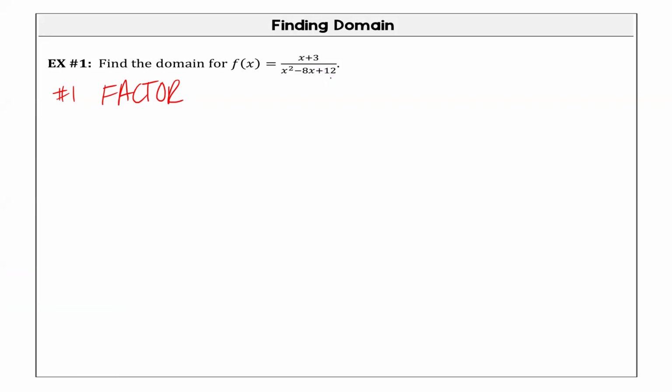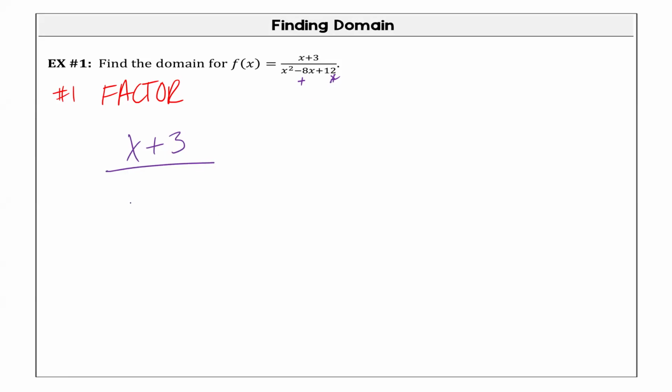After that, we're asking ourselves what multiplies to give us 12, but adds to give us the middle term. Remember that? Mental factoring. Reverse FOIL. Okay. So we have X plus 3. What multiplies to give me 12, but adds to give me -8?